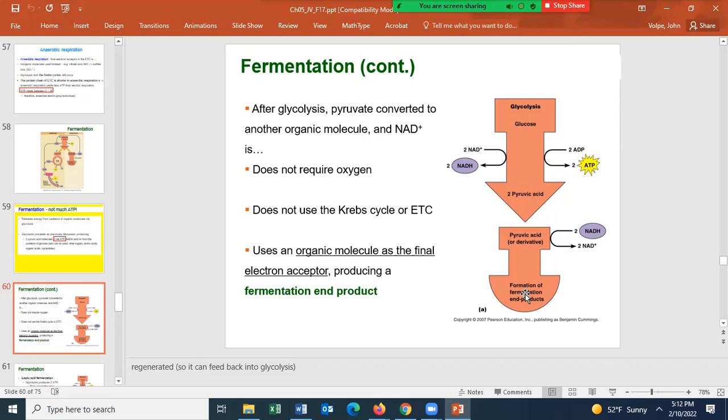But once oxygen becomes available, your muscle cell as well as the bacteria cell can then stop fermentation and engage in aerobic respiration. And when you do that, you generate much more ATP than fermentation is able to produce.